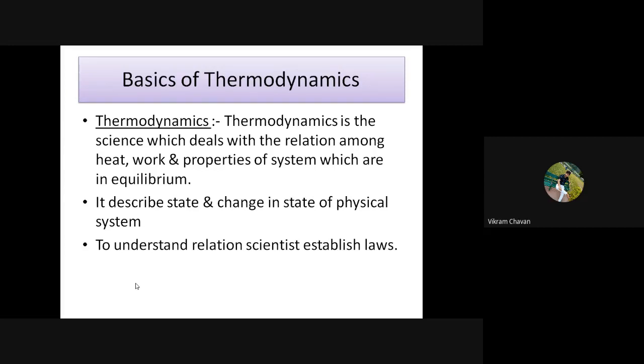Full stop. Next point, to understand a relation, scientists establish laws.